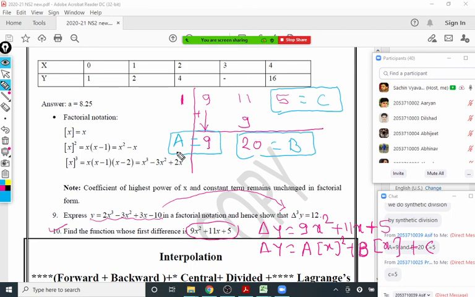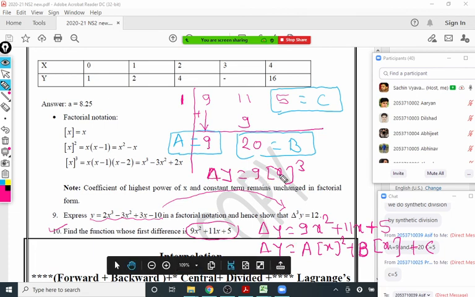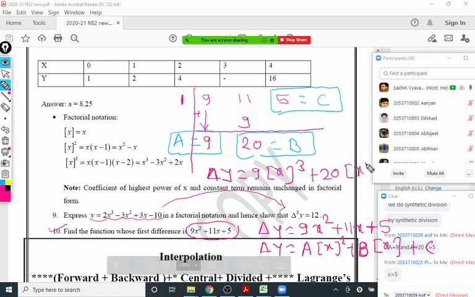So the factorial form that we got here is y equal to 9 third factorial of x. Actually, it is not y, it is delta y equal to, because we are given the first difference. Delta y is equal to 9 third factorial of x plus 20 second factorial of x plus c is 5. Now we want y here. So integrating from delta y, we are interested in y.